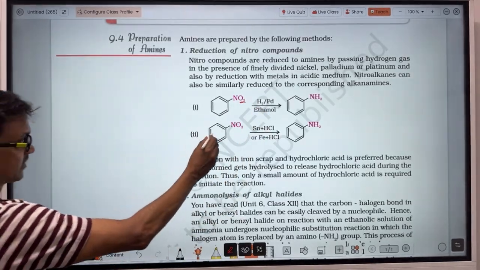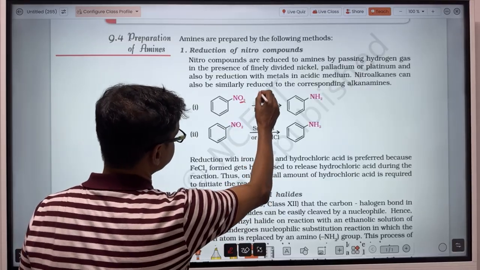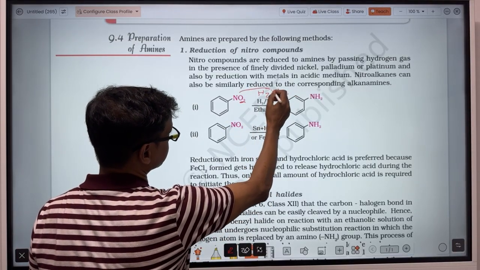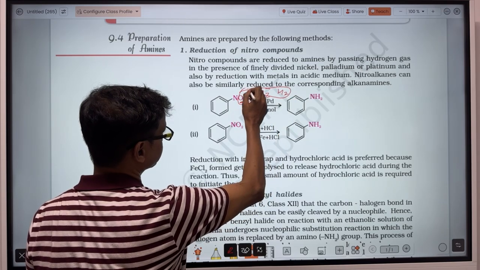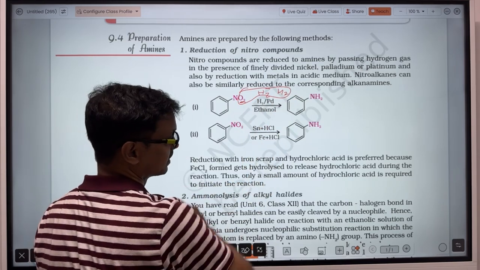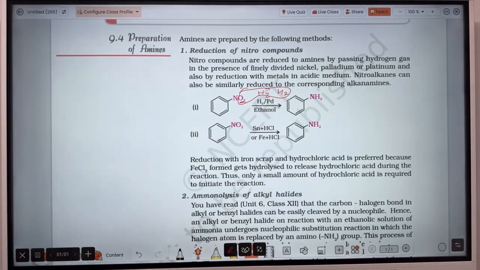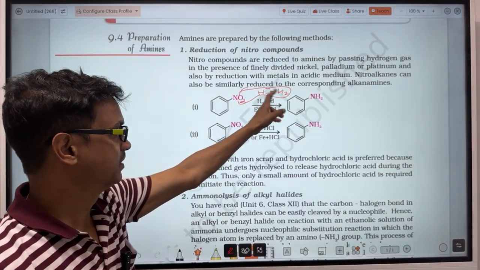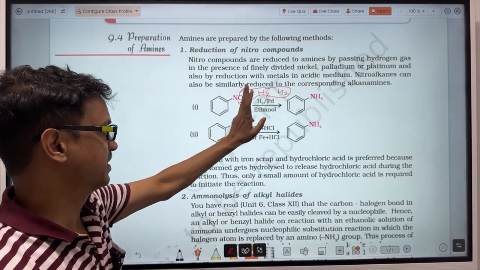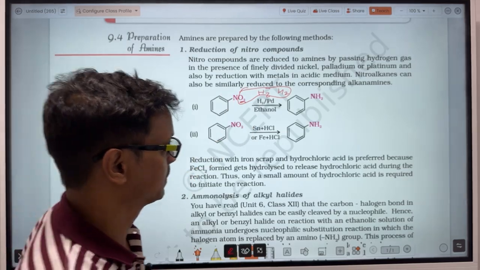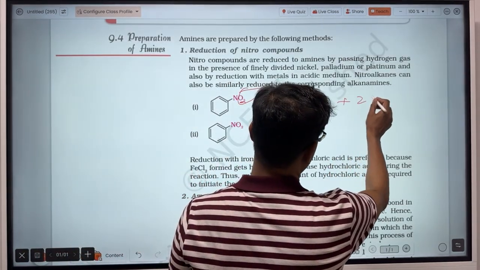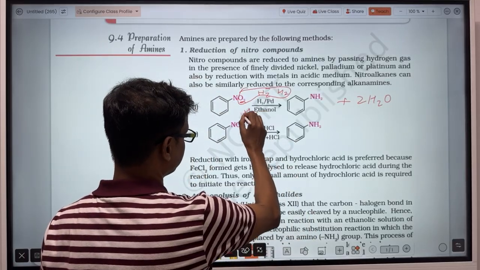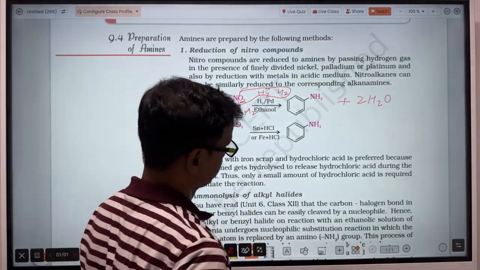Here we have H2, so this will combine with these four hydrogen atoms. Two hydrogen molecules mean four hydrogen atoms. So four hydrogen atoms combine with two oxygen to form 2 moles of H2O, and the other two hydrogen combine with this nitrogen.